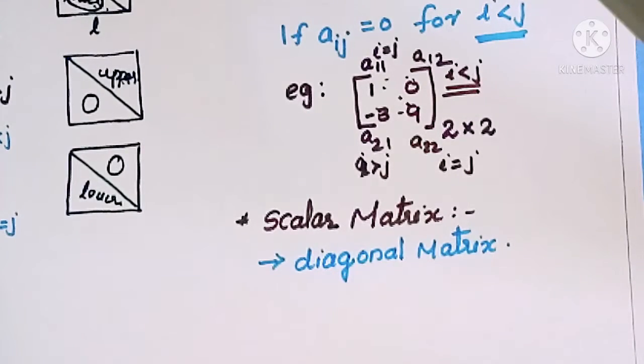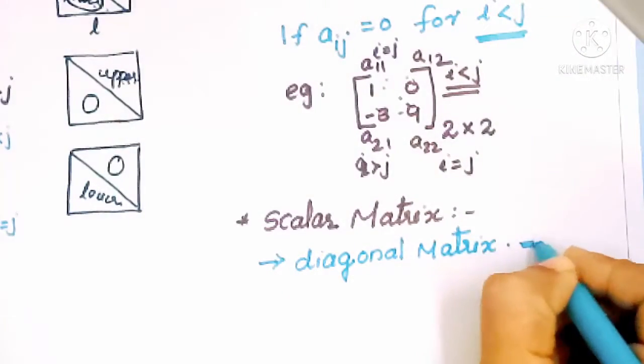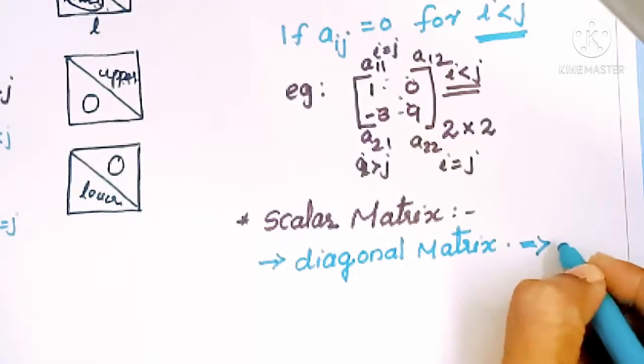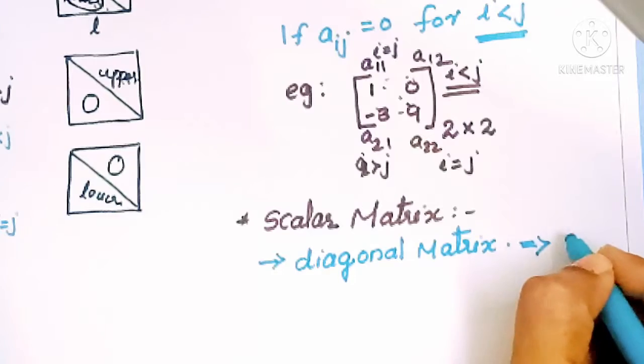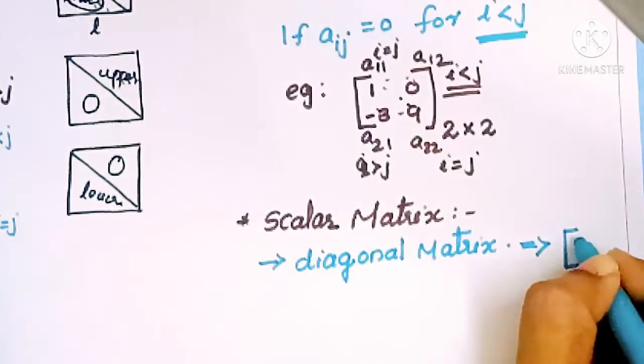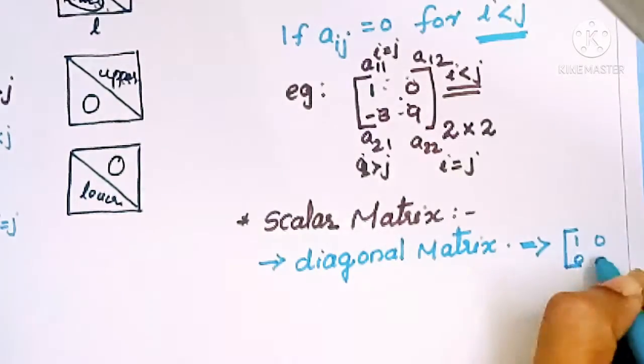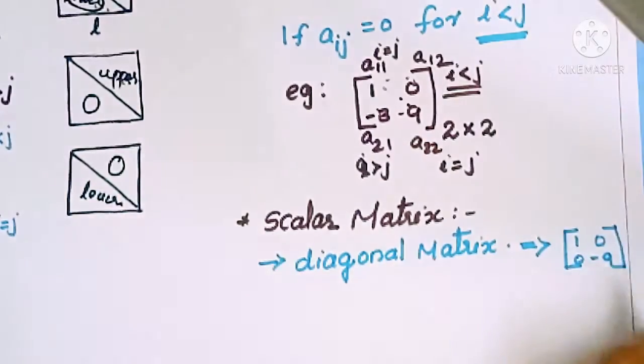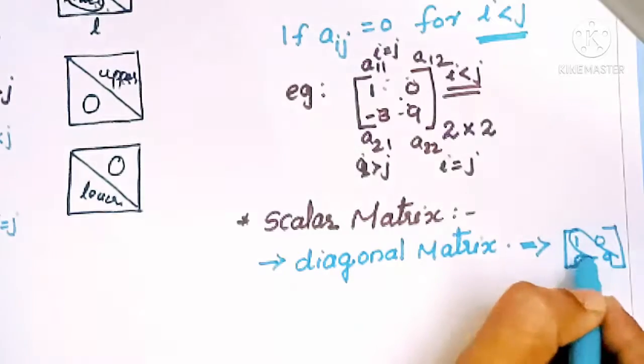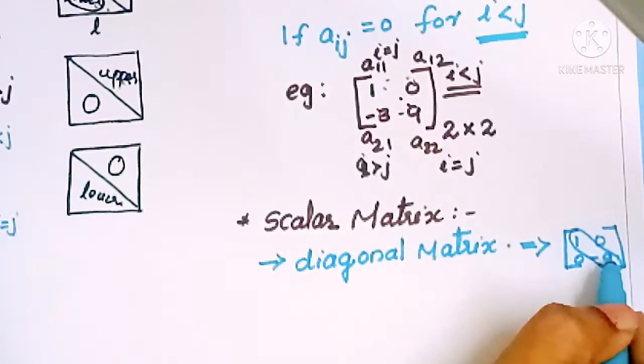Then what is a diagonal matrix? A diagonal matrix has non-zero values only in the principal diagonal. So here we can write a diagonal matrix: 1 0, 0 minus 9. This is an example of a diagonal matrix. That means some elements are present only in the principal diagonal; then we can call that matrix a diagonal matrix.